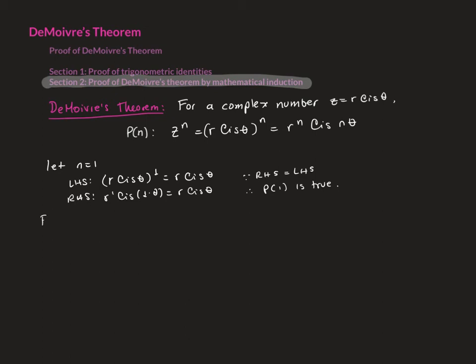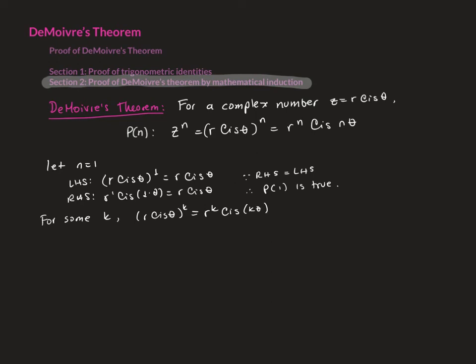So for some value k, we will have that r cis theta to the power of k is going to be equal to r power k cis of k theta. How are we going to prove k plus 1?